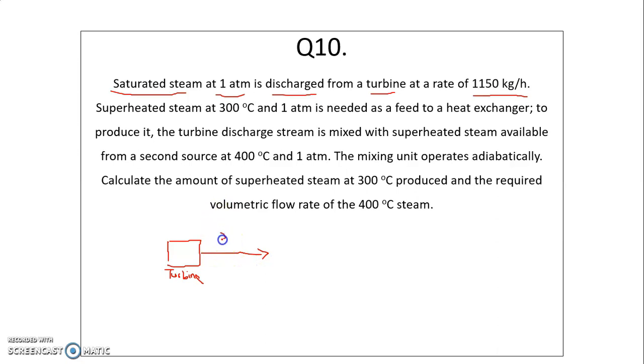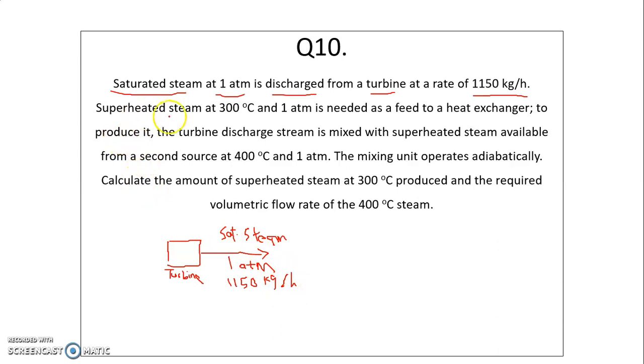So we have saturated steam at 180 m, and the mass flow rate is 1150 kg per hour. Okay, this is the first condition.